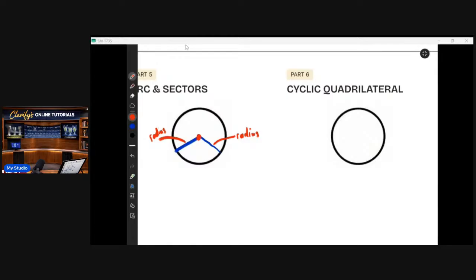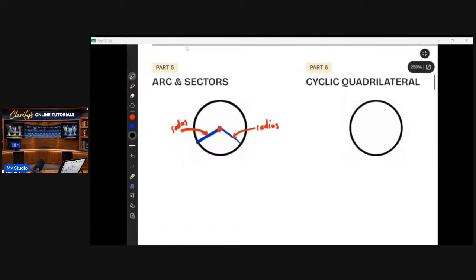Now these radii, this one and this one, they cut your circle into pieces of pizza called sectors. So sectors are pizza slices. The small one, the nice pizza slice, is obviously called the minor one.